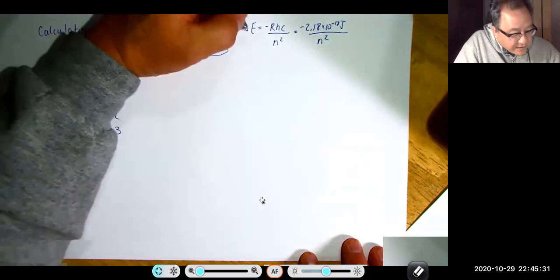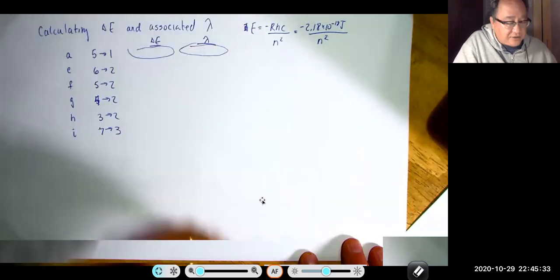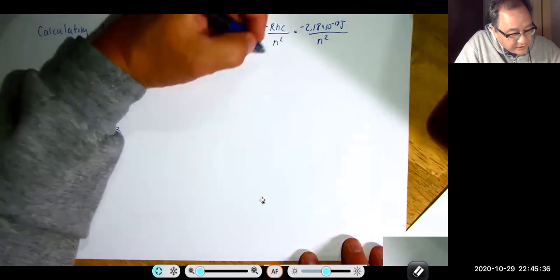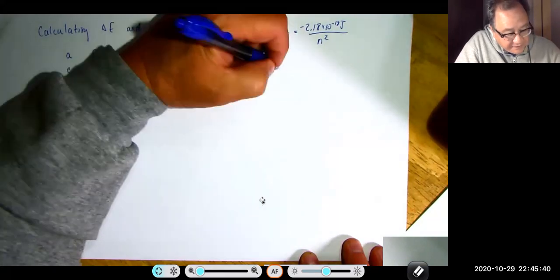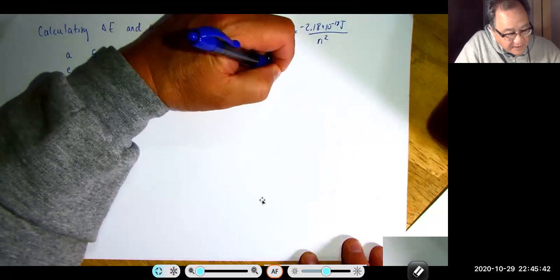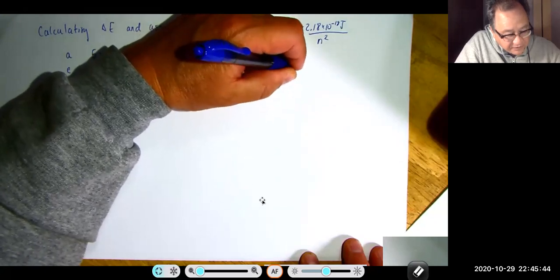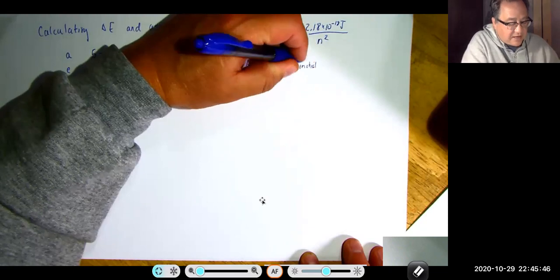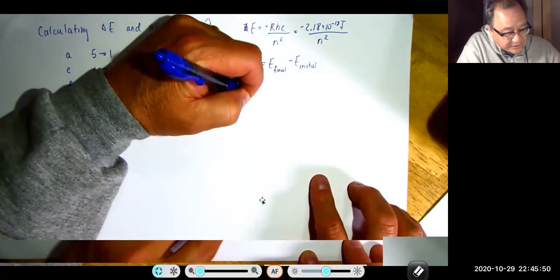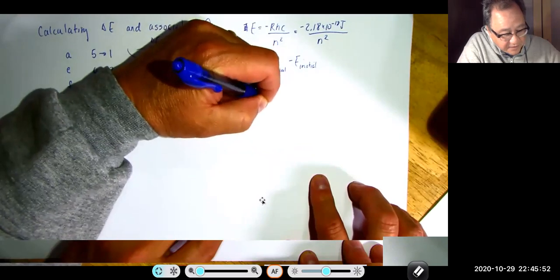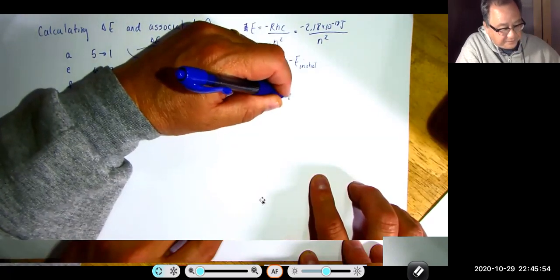And actually, I need to get rid of this. That's just the energy. So the change of energy is going to be the energy of the final level minus the energy of the initial level. Now, I don't like writing final and initial out, so I'm going to change that to the change in energy is equal to the energy final minus the energy initial.